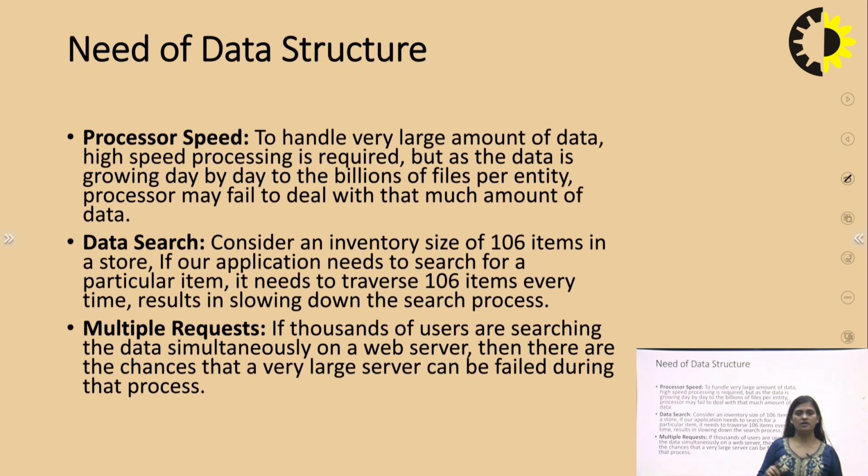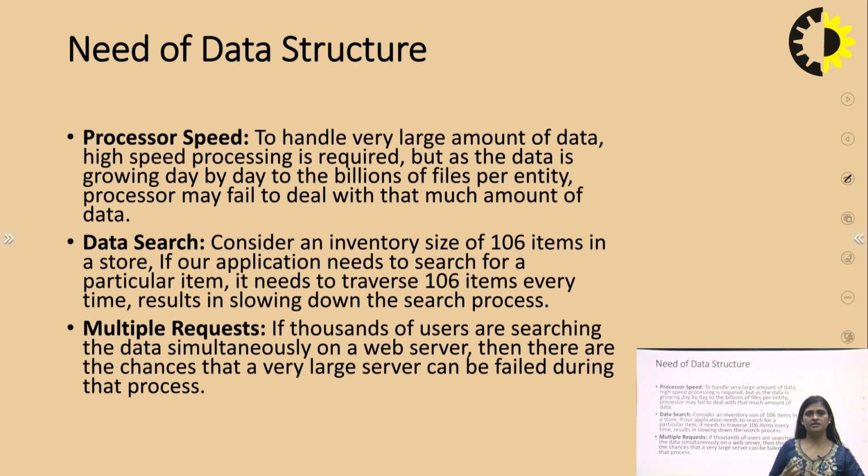First one is processor speed. To handle a very large amount of data, high speed processing is required. But as the data is growing day by day to billions of files per entity, the processor may fail to deal with that much data. Processing a large amount of data in minimum time is essential.